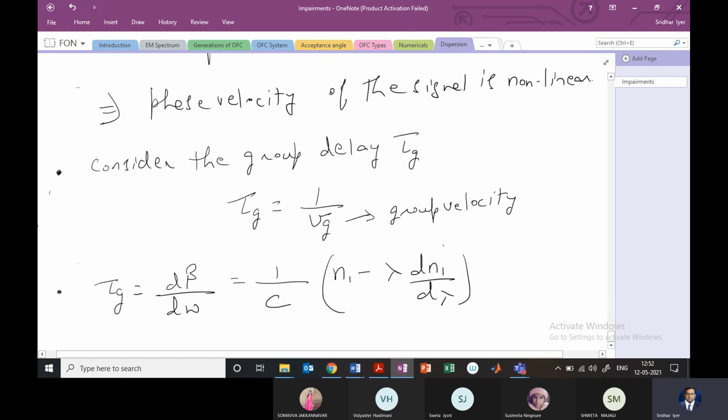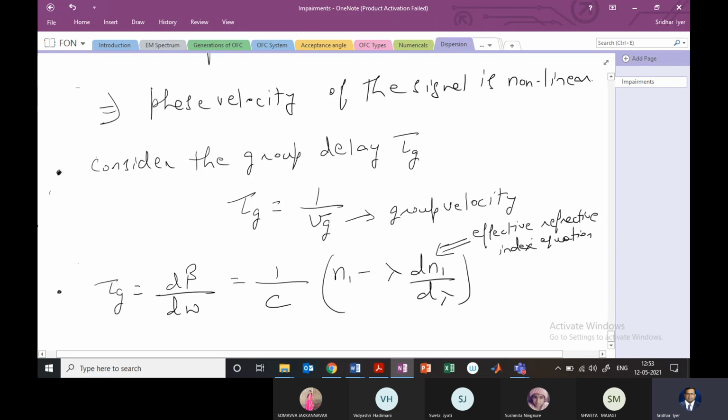in the next lecture, where we'll talk about different types of fibers which decrease the dispersion. This equation is basically known as the effective refractive index equation. Okay.